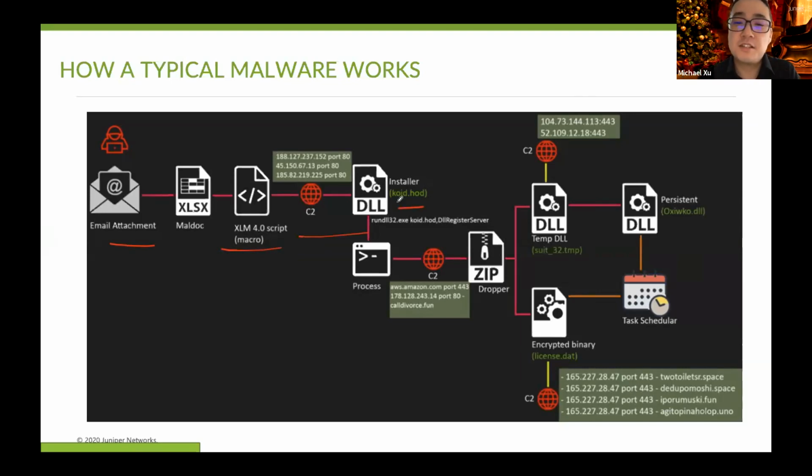And this particular installer file is going to trigger another C2 communication to get the actual malware, which is the dropper.zip downloaded. And the dropper.zip file will contain two different files. The first one is the persistent DLL, which is to make sure that the system or the PC will always load the malware when it boots.